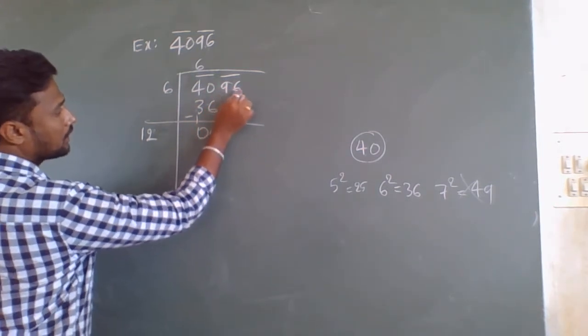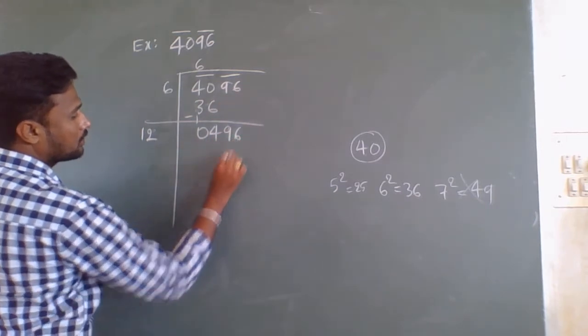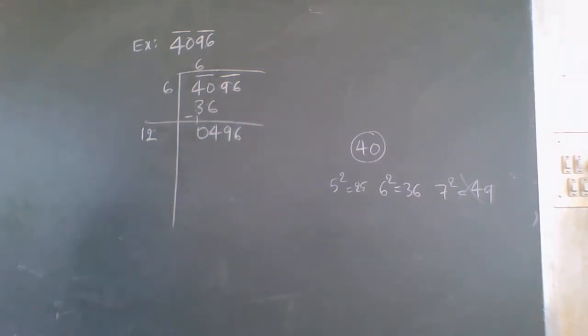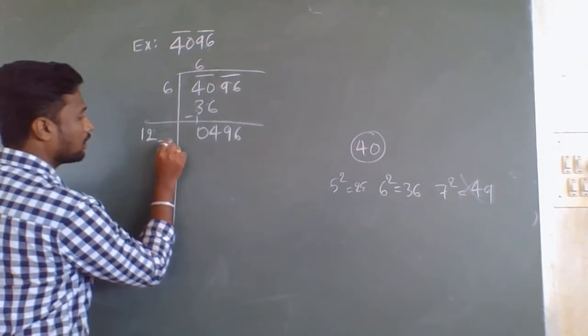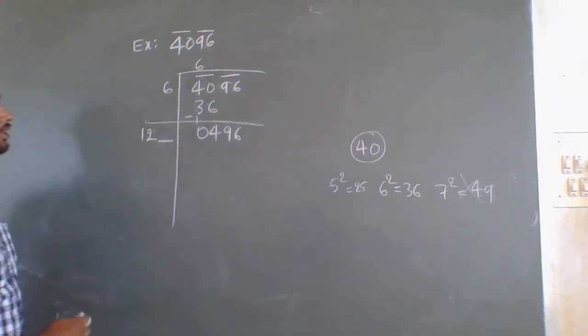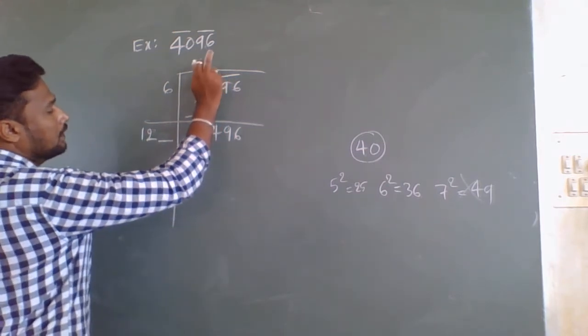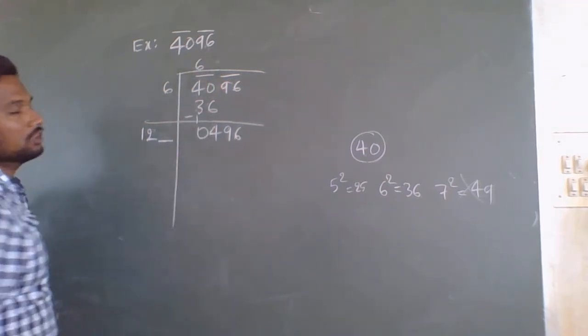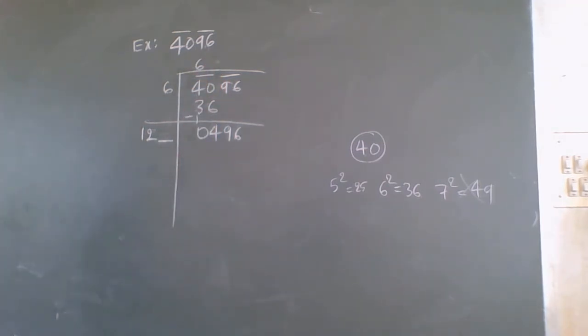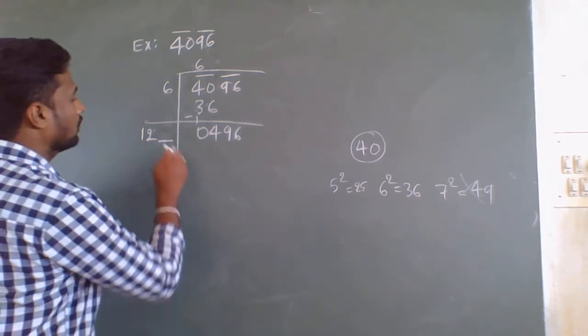What is that? 96. There are two digits. So now here I have to write one digit, so that here also I have to write the same number. So I should get 496 here.